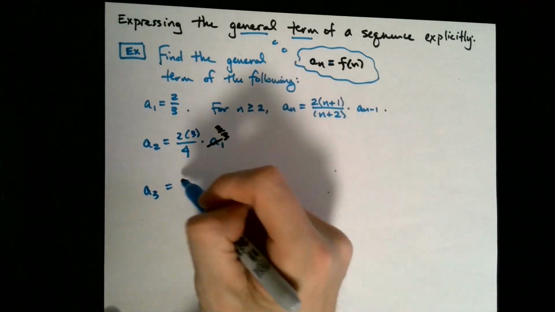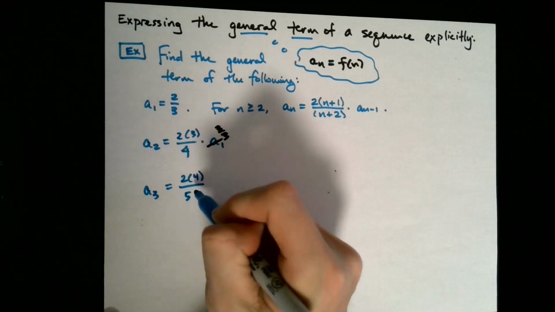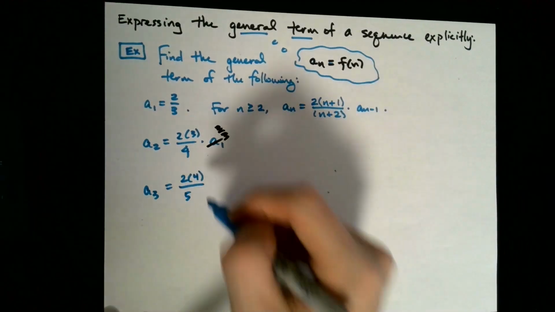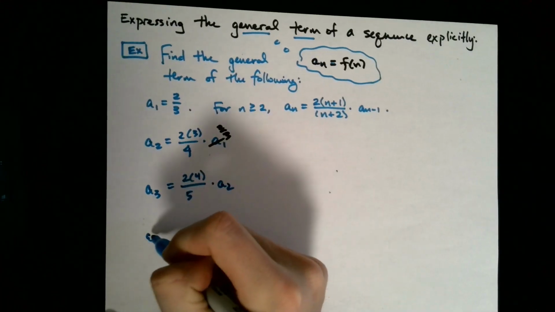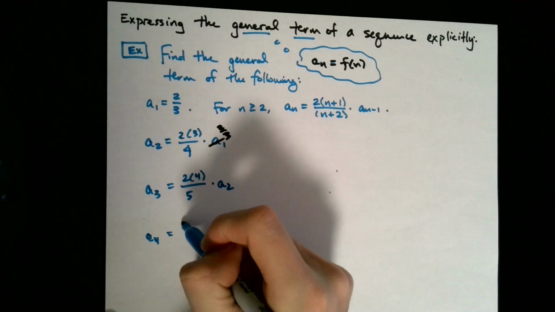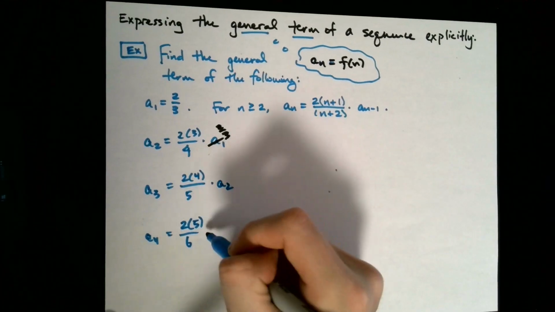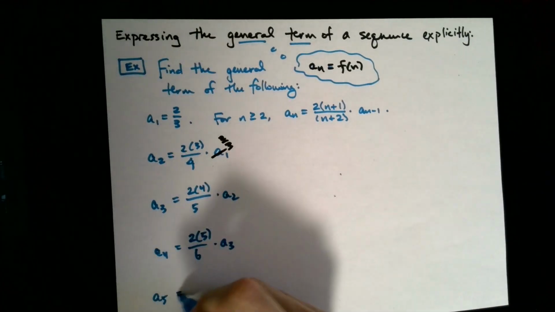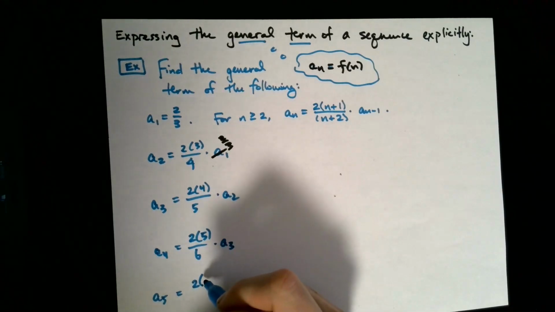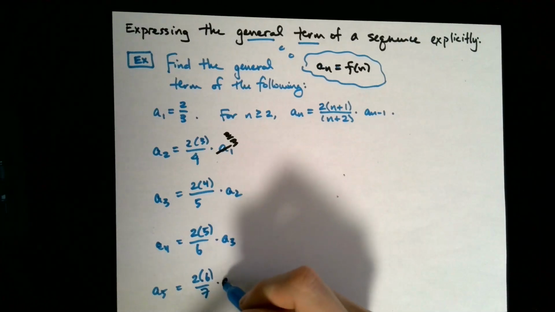A3 would be 2 times 4 over 5, plugging in n equals 3, times a2. What would a4 be? A4 would be 2 times, plug in n equals 4, 5 over 6 times a3. A5 would be 2 times 6 over 7 times a4.